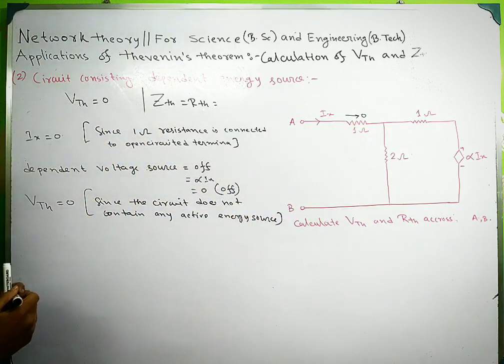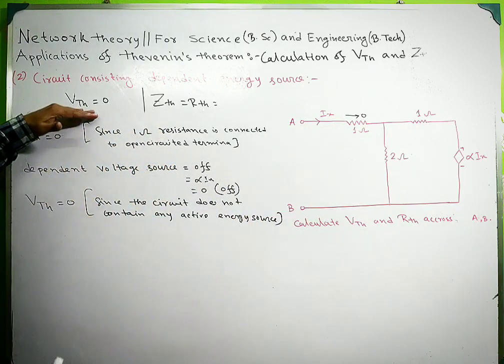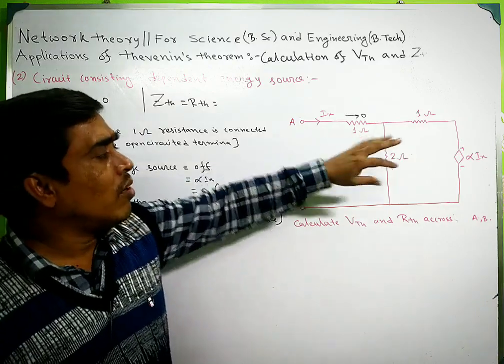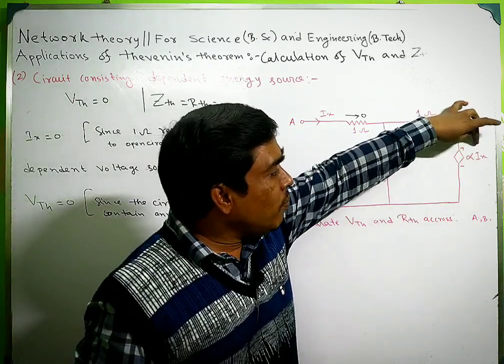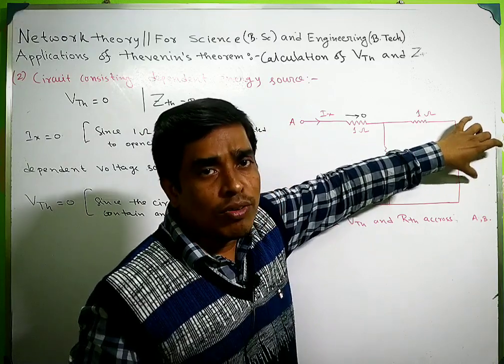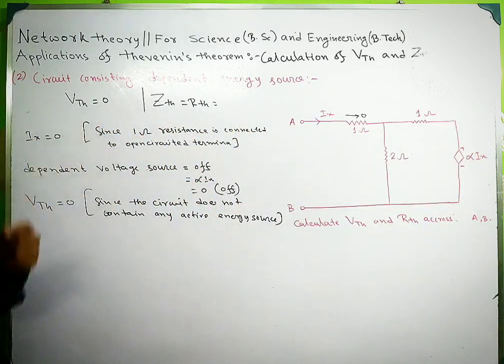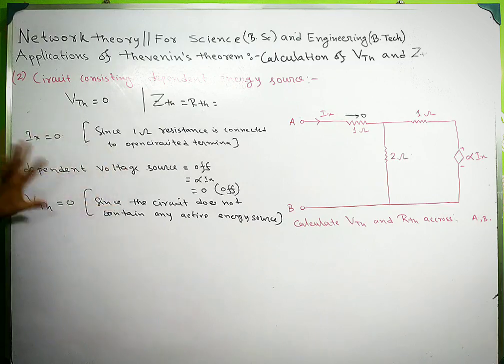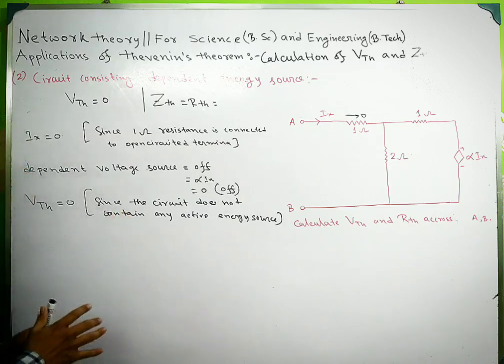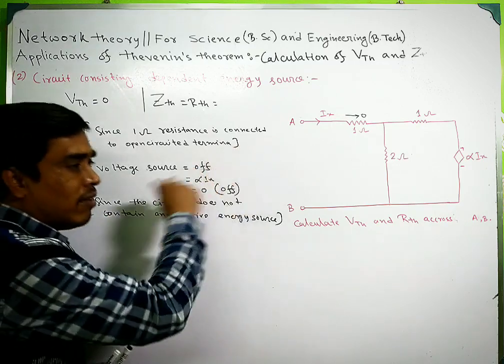So this is the explanation of why the Thevenin voltage of a circuit consisting of a dependent voltage source or dependent energy source is 0. This is the way to calculate the VTH of this circuit.